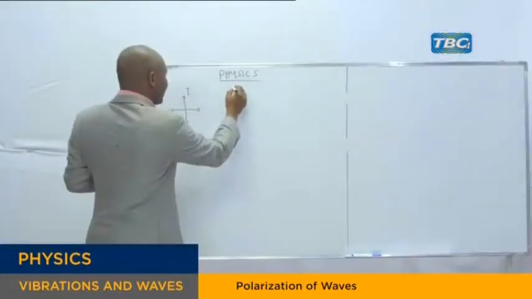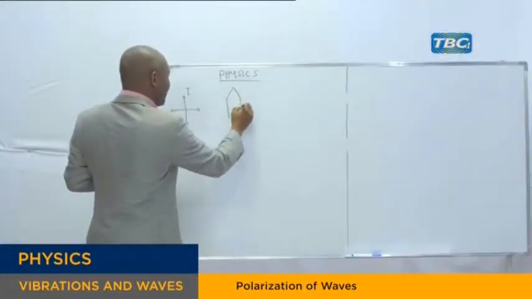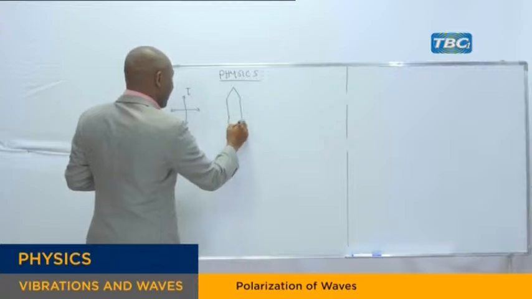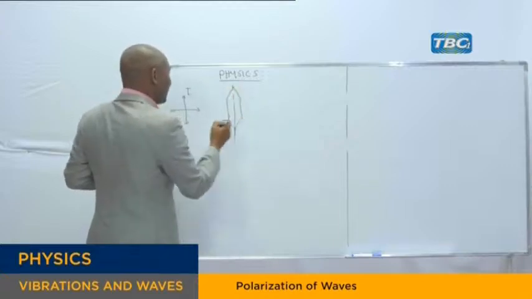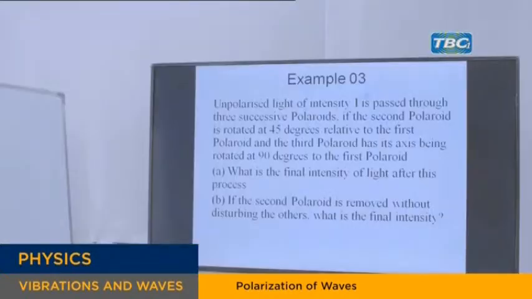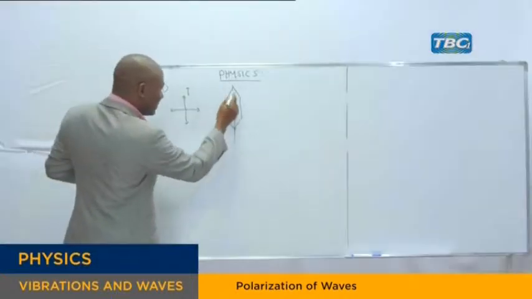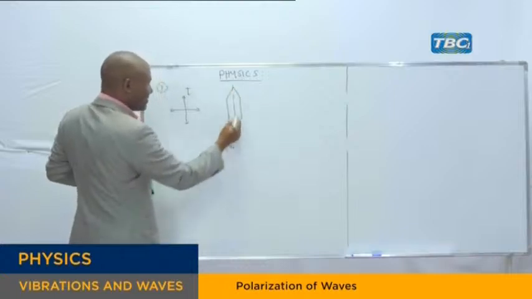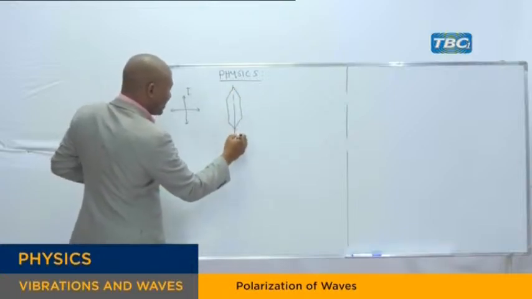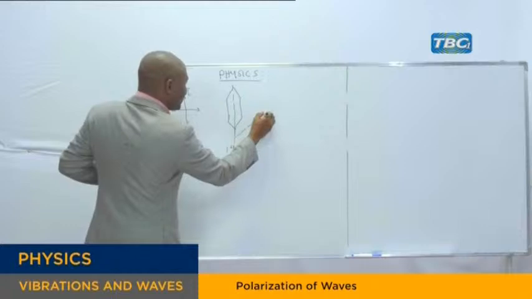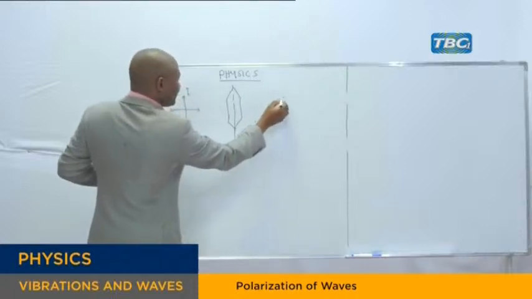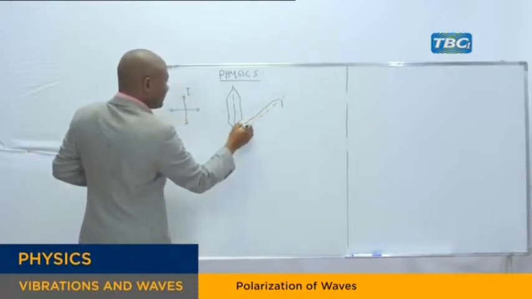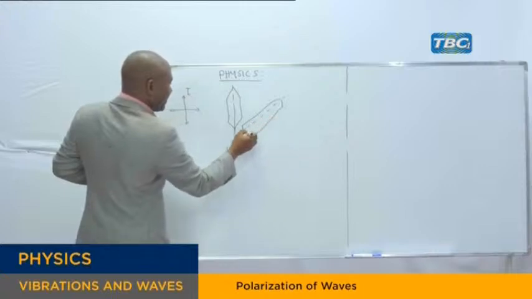Maybe this is the first polarizer, this axis here. The second polarizer is rotated at 45 degrees relative to the first one. So the first one is vertical, but the second one has its axis at 45 relative to this.